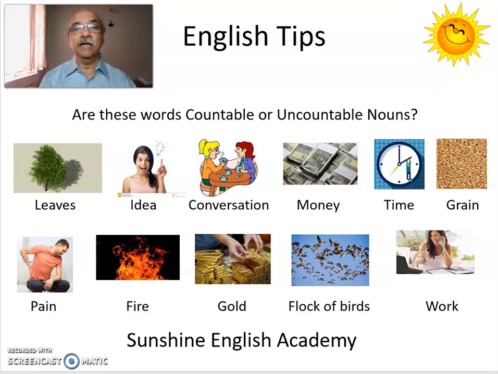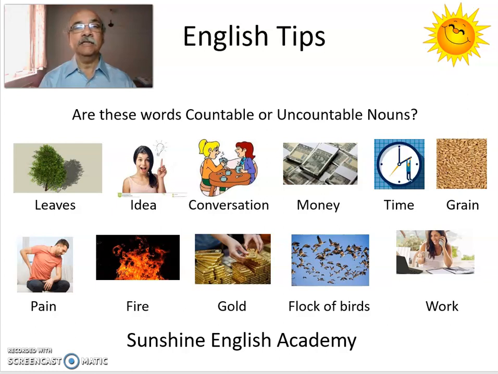The next word, idea. This is a countable noun. I can say, I have two good ideas. Next, conversation. Let's make a sentence. He is having a conversation with his friend.